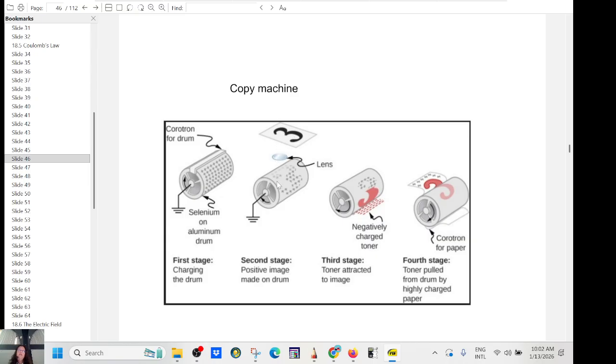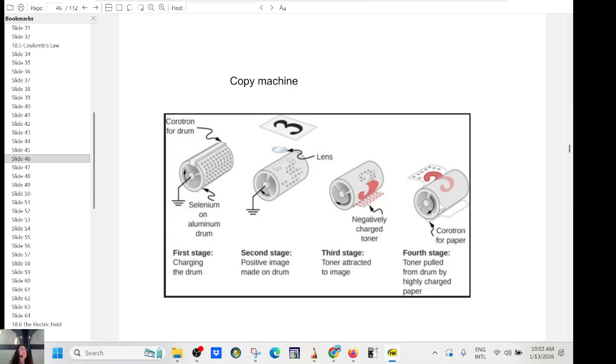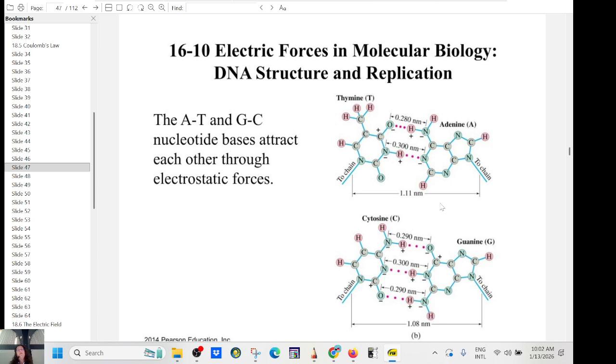The light kicks out all those charges and you are left with a positive image. That will be the shadow, and that's going to stick to the negatively charged ink powder. It's a powder. That's why when you put your finger, it's all sticky, and that's how it works. Copy machine.